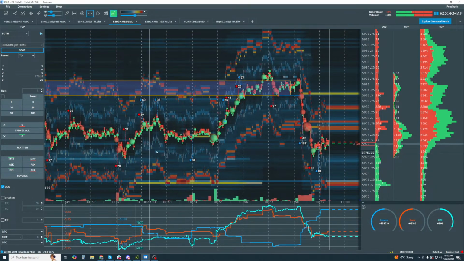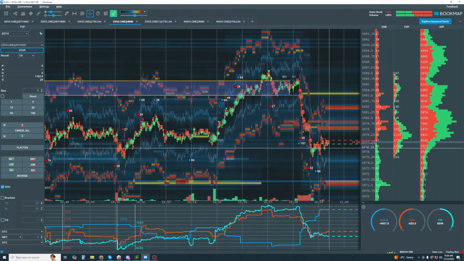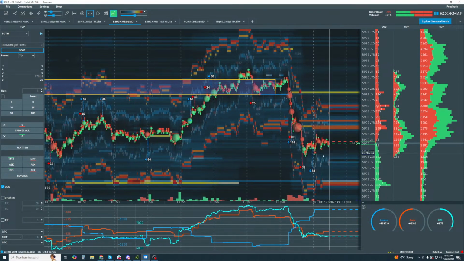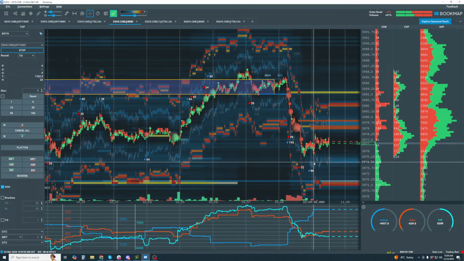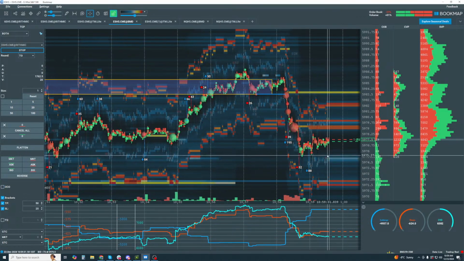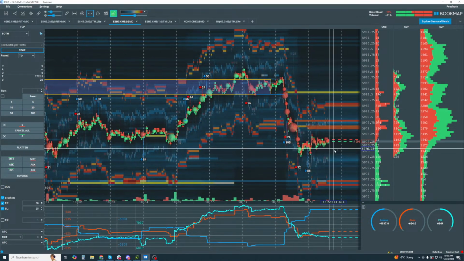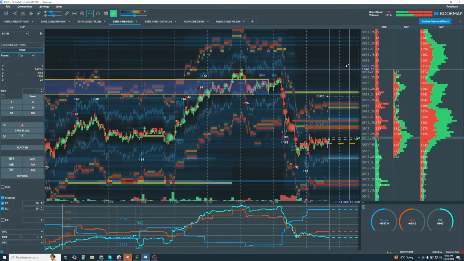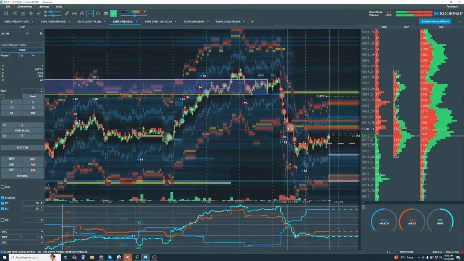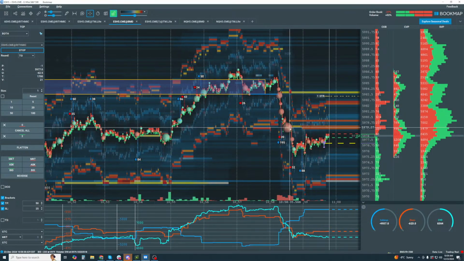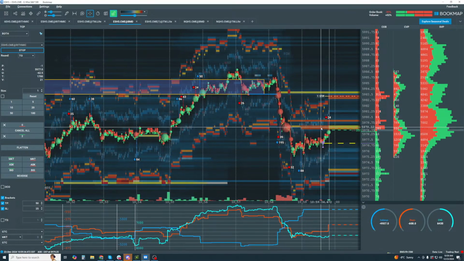Question is, are we going to start trending and break the volume profile structure here? Well, I'll take that trade. Okay, so here's what I'm looking for. After this selling in here, probably retest back to about here.